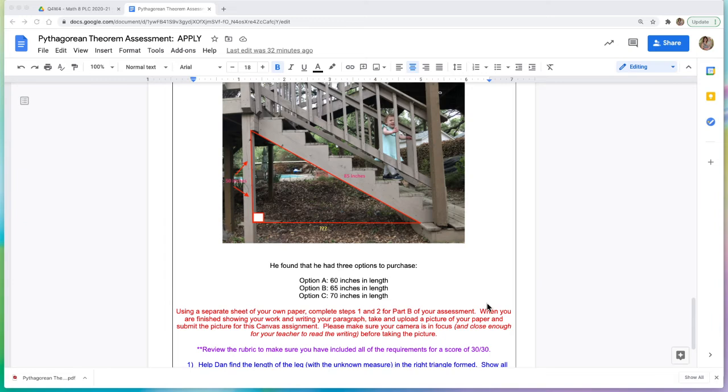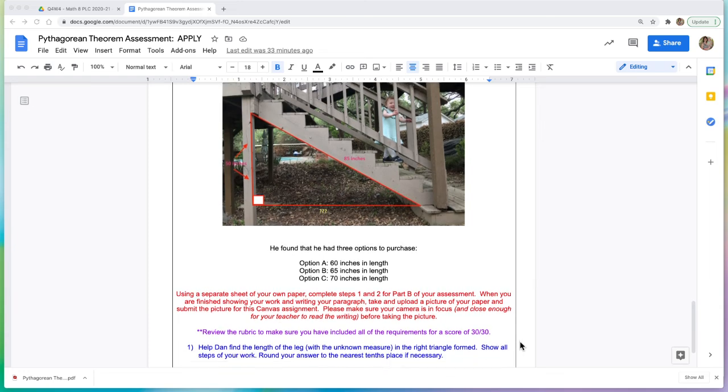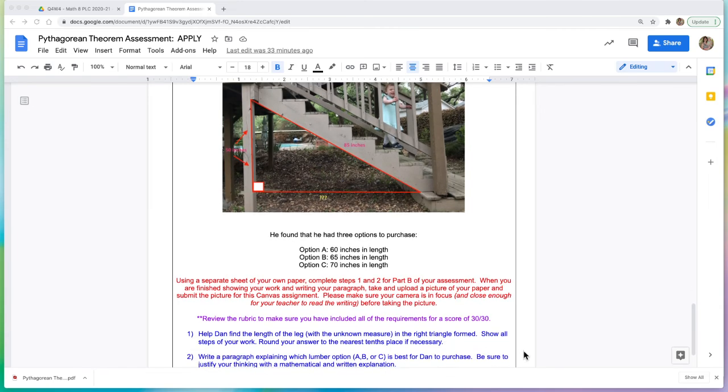Option A, he has a little helper, Mrs. Higuchi's daughter, hiding in the picture here. 60 inches in length. Option B, 65. And option C, 70. So your directions for option 2 are exactly the same as those for option 1, except you're finding a leg instead of a hypotenuse.